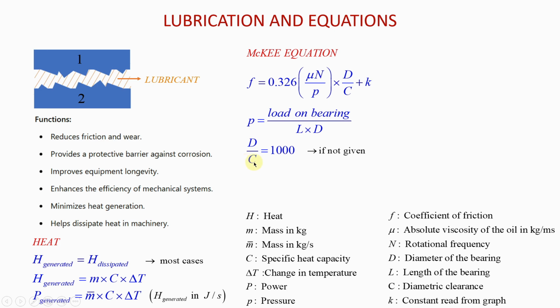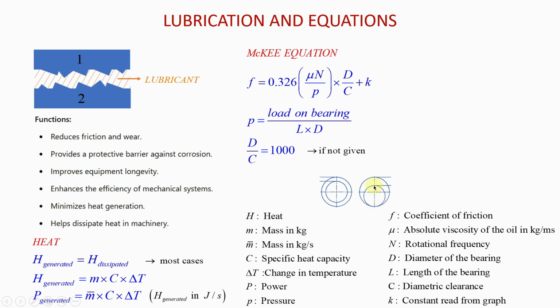And I am going to show you what C is, okay? Because I am referring to it as the clearance, but to be more specific, it's actually the diametric clearance. And the diametric clearance shouldn't be confused with the radial clearance. And I will show you. Okay, so you can look here, you can see these two circles. In this case, on the left here, both circles have the same center. But on the right, you can see that both circles are touching, and then you have a distance here.